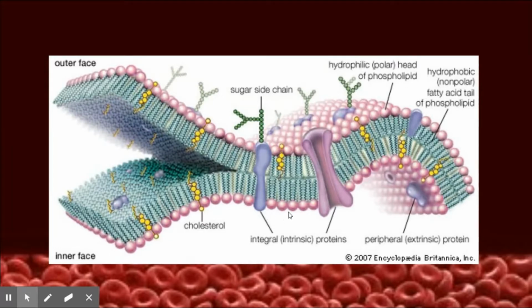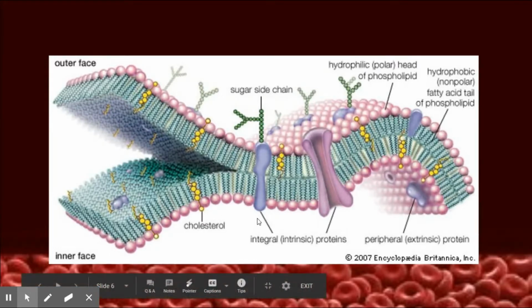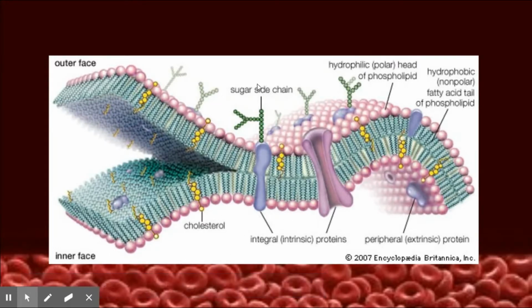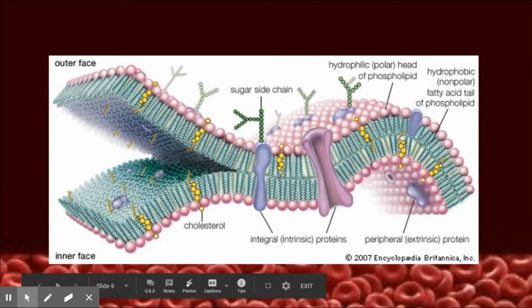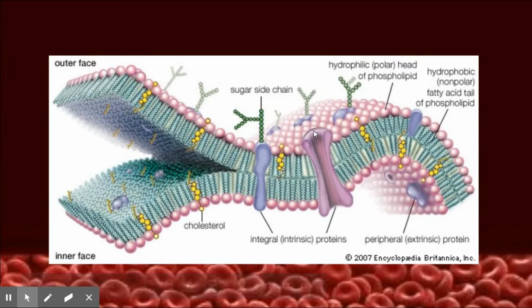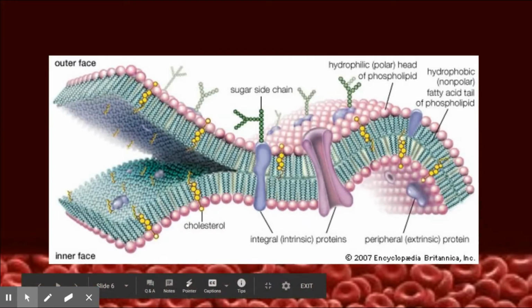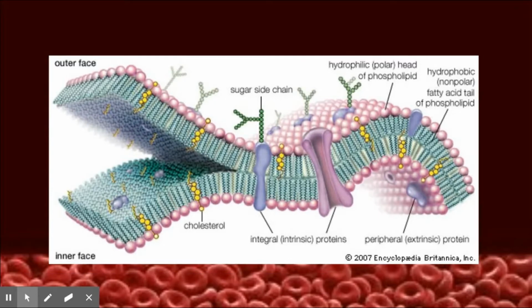And then we have the inside of the cell and the outside of the cell, and our fluids and our waste and our nutrients are going to have to pass in and out through the cell membrane. Sometimes they can just flow straight through. Sometimes they need a little help with passageways, and we'll talk about those. But it's really important that you're able to picture this cell membrane as we're talking about these processes in this section.